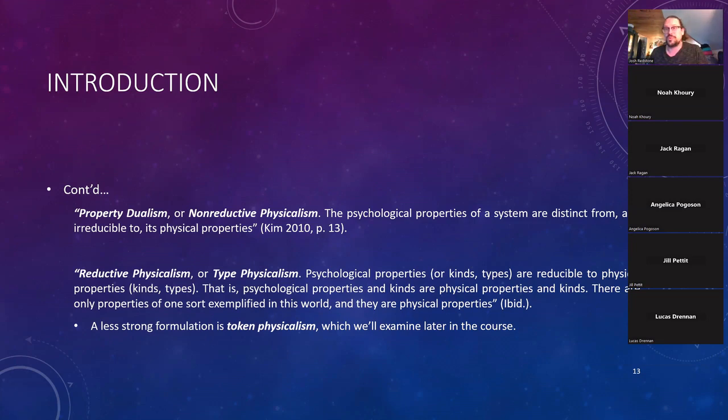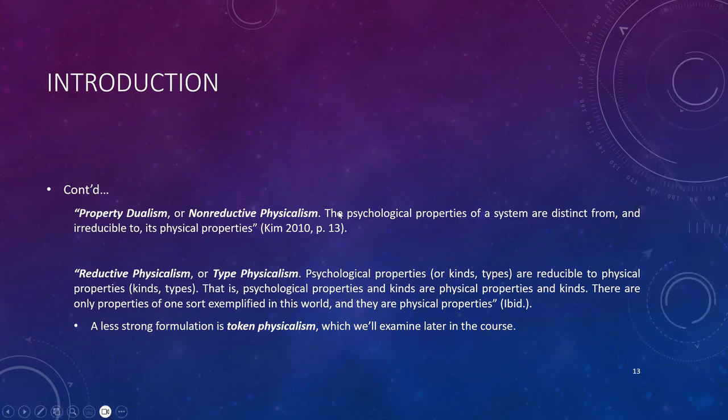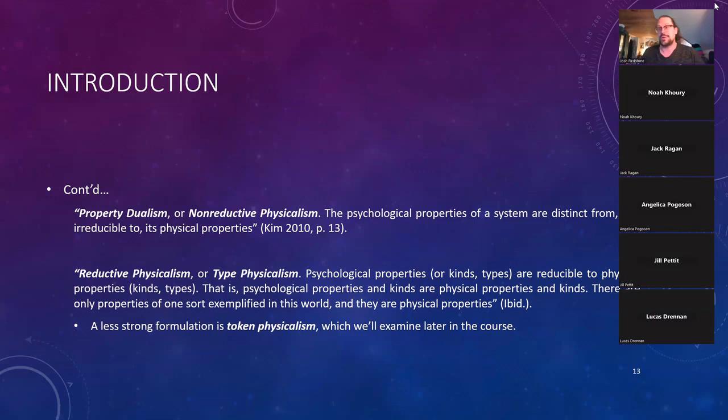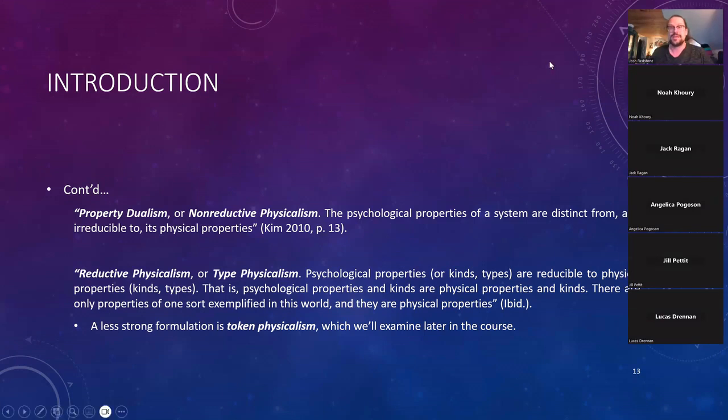But property dualism, or non-reductive physicalism, says that, I quote, the psychological processes of a system are distinct from and irreducible to its physical properties. So my mental property of believing that Ottawa is the capital city of Canada is a separate property from my physical property, which would be my brain state, perhaps.